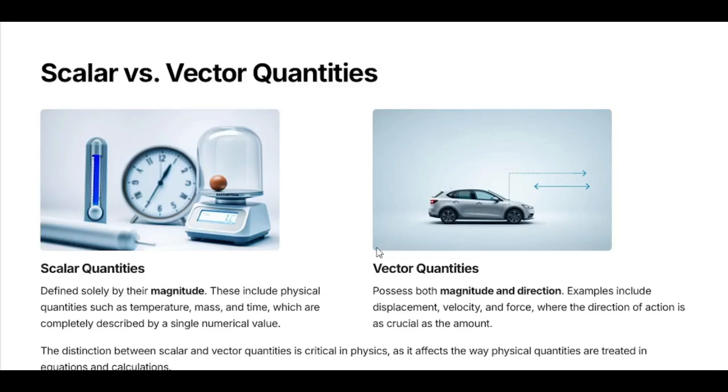So scalar quantities are those that just have magnitude but no direction, while vectors have both magnitude and direction. For example, under vectors we have displacement, velocity, and force. Under scalars we have speed, mass, time, and distance. Speed is different from velocity; velocity is when you add direction to a particular speed.